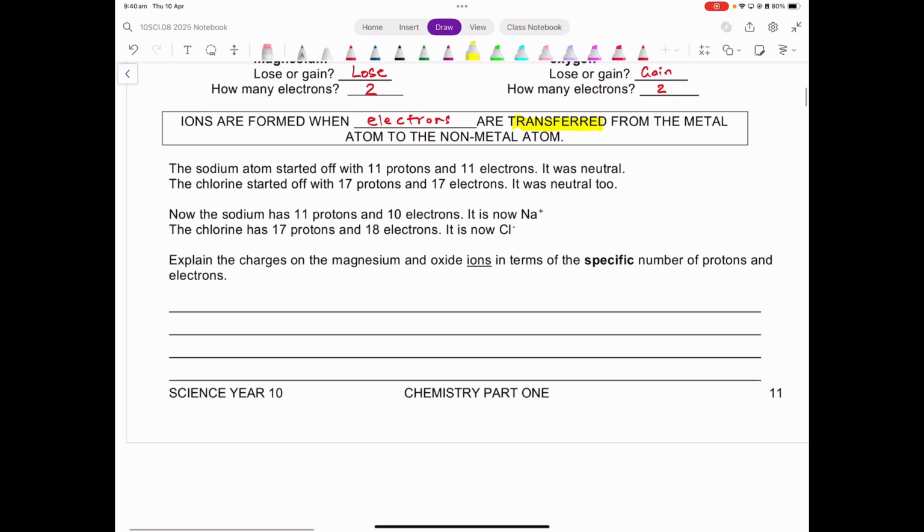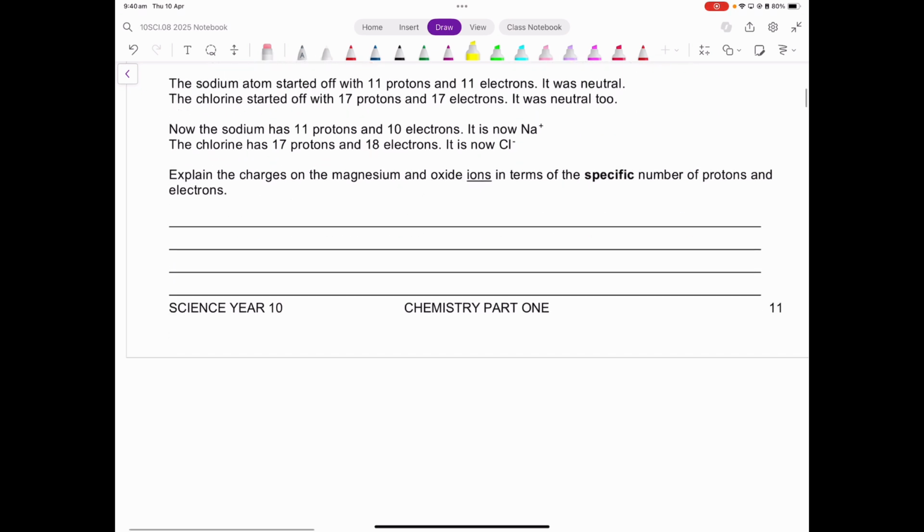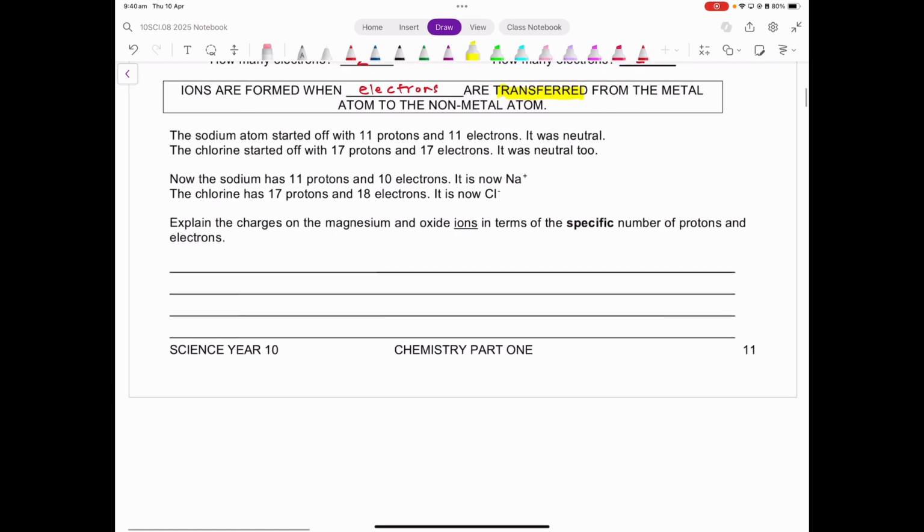I want you to have a go at this one. Let's read through it together, and this is going to do us for today. So, the sodium atom started off with 11 protons and 11 electrons. It was neutral. Chlorine started off with 17 protons and 17 electrons. It was also neutral.